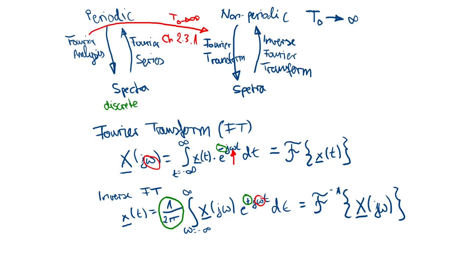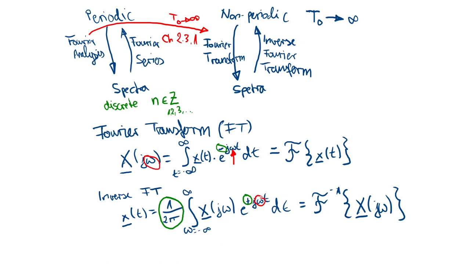Remember, the frequency parameter was n, and n was an integer: 1, 2, 3, and so on. So the frequency components were just defined at some discrete values of n.